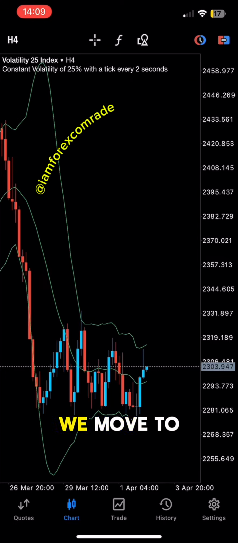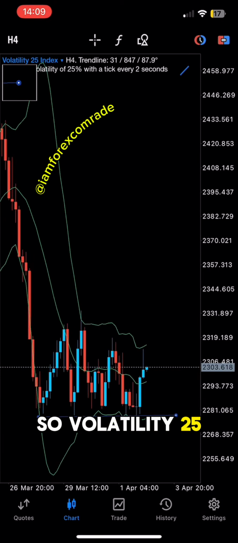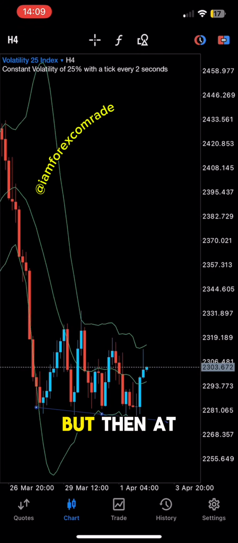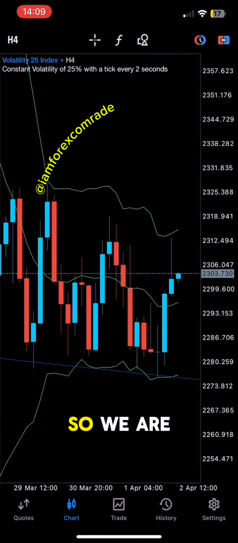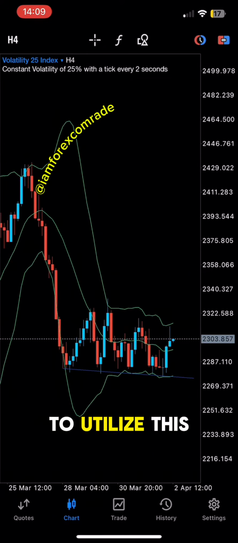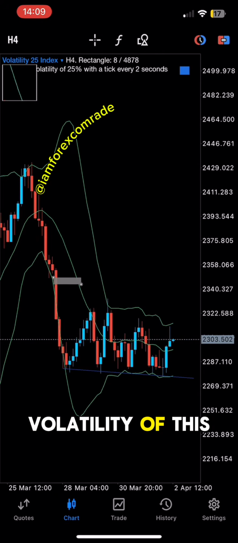And then now we move to the volatility 25 index. So volatility 25 is not that volatile, but at least it's better than the drift switch index. So we are going to try to utilize the volatility of this chart.